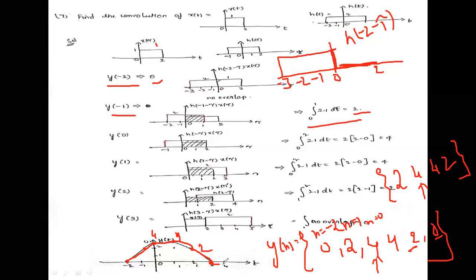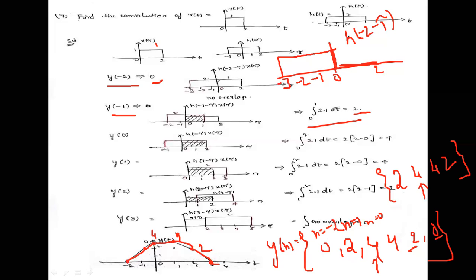If you need negative values, move towards the other side, and see whether any overlapping occurs in the range. Apply the integral. In discrete time you follow the same procedure, but you add the samples because the formula is a sum. In continuous time, the convolution formula is an integral.